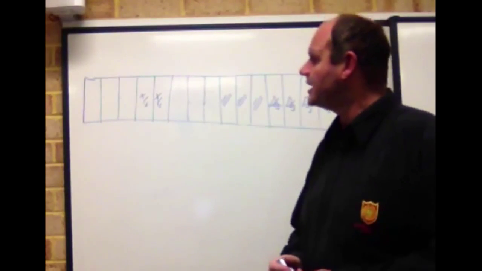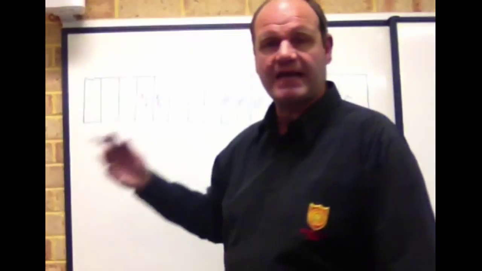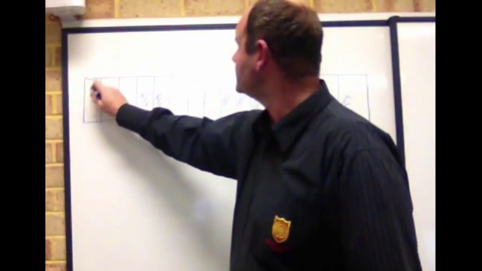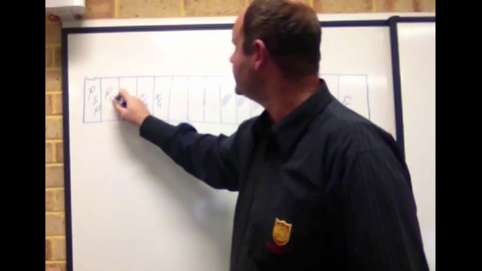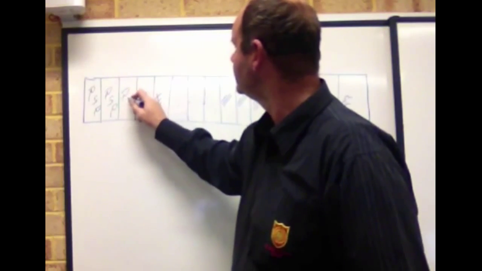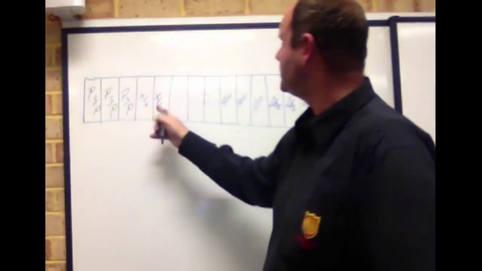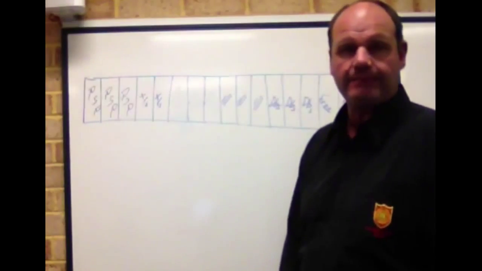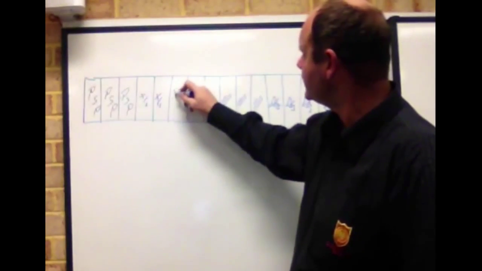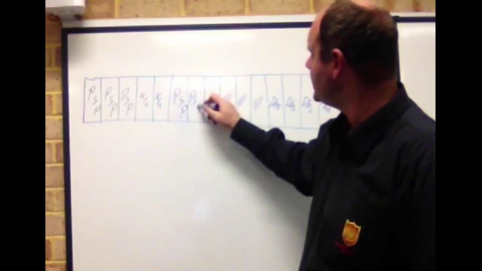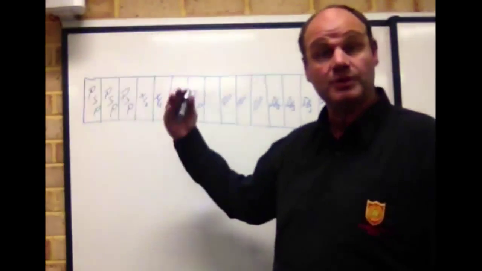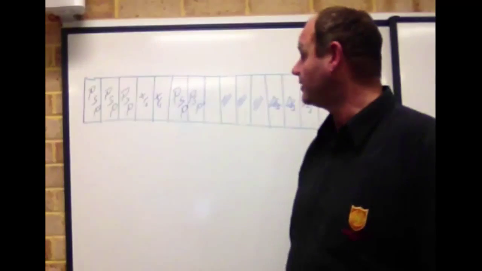The computer saves the file like this. PSP is Photoshop, and it saves it here. It would like to put it here, but there's a file already there. So it goes to the next vacant spaces, and these were left vacant because we deleted the Word file and the Flash file.